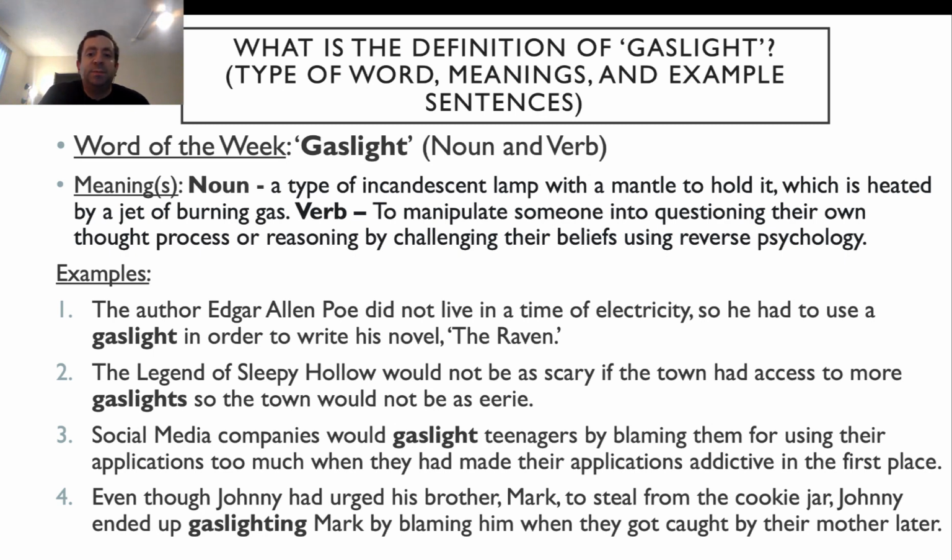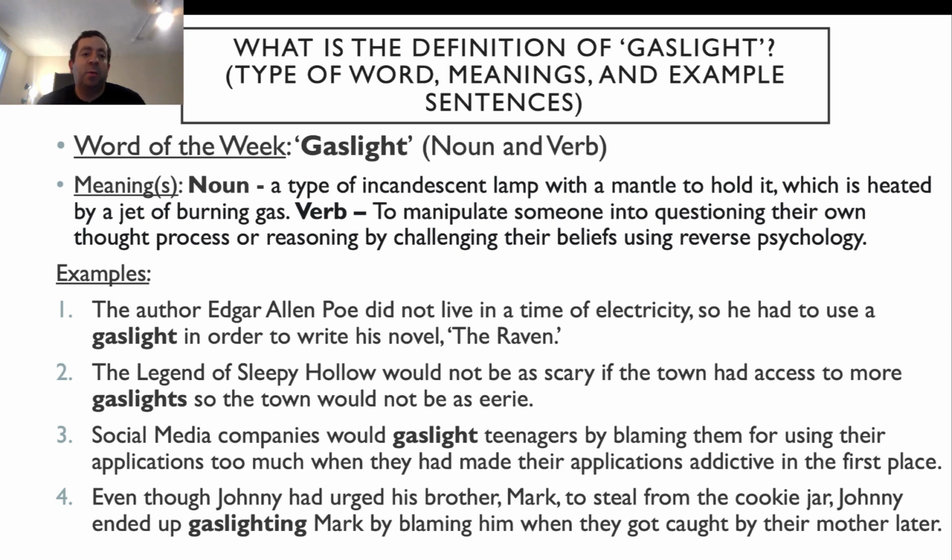But gaslight is both a noun and a verb. So it can be used in any part of the sentence. It's considered an object, and I'll talk about it in a little bit. But it's also a verb, so it kind of describes an action of some sort.